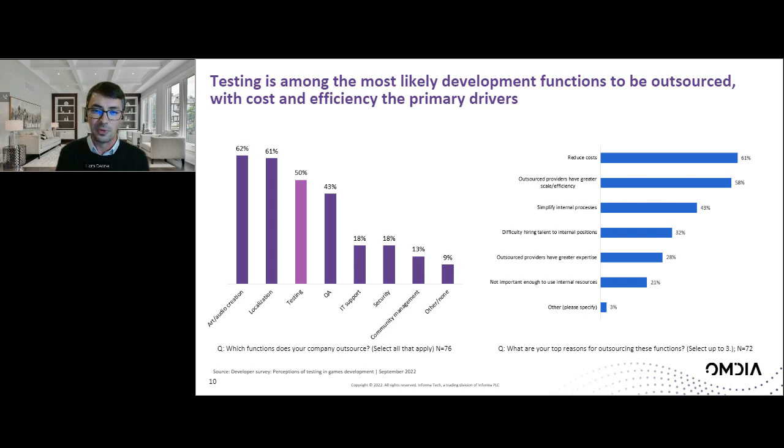But then if we look further down the list, it's striking that concerns about expertise, for instance, that outsourced providers have greater expertise, is much, much lower, only 28%. So it doesn't seem to be so much that developers feel that they lack the capacity or that outsourced providers are doing a better job. They just think, for the most part, that this is a way of reducing costs and gaining efficiencies.